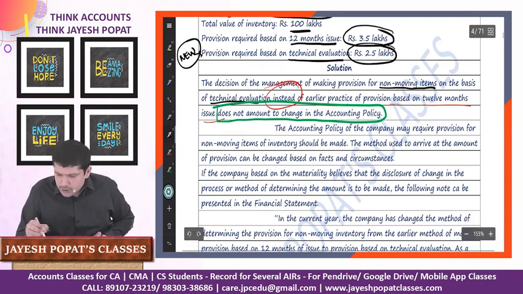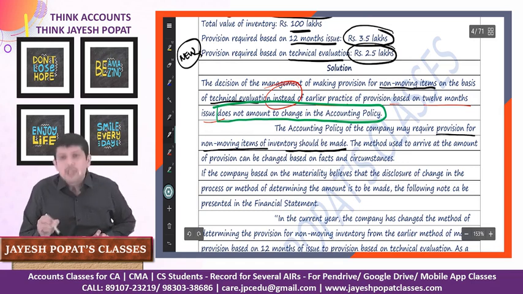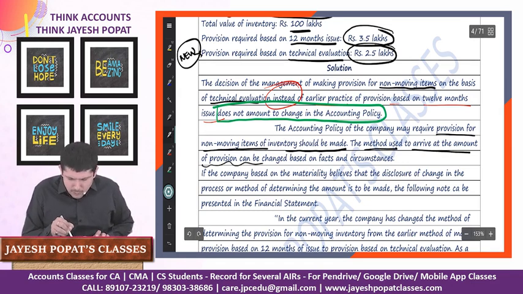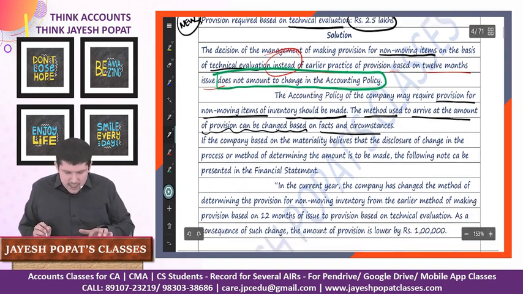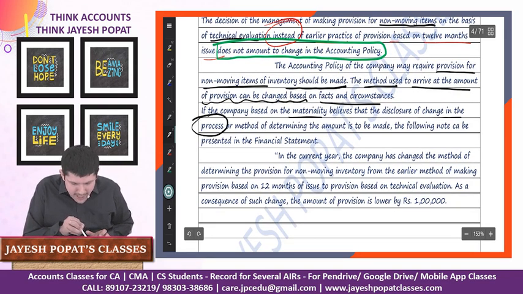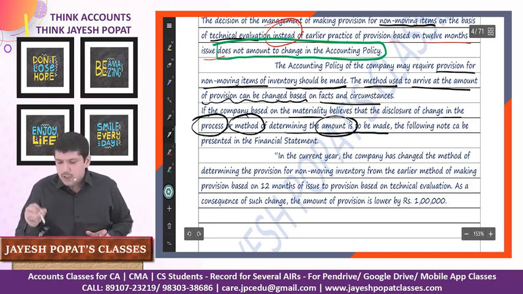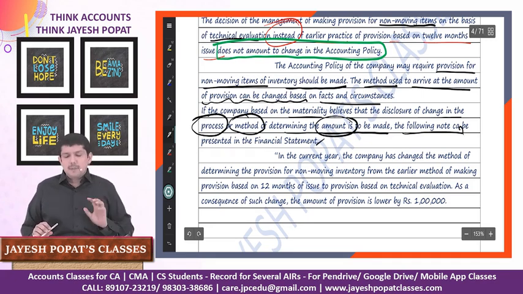The accounting policy of the company may require that provision for non-moving items of inventory should be made. The method used to arrive at the amount of provision can be changed based on the facts and circumstances of the case. If the company, based on materiality, believes that the change in the method of determining the amount should be disclosed, the following note can be presented in the financial statements.